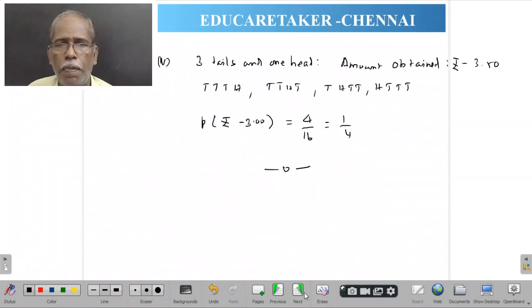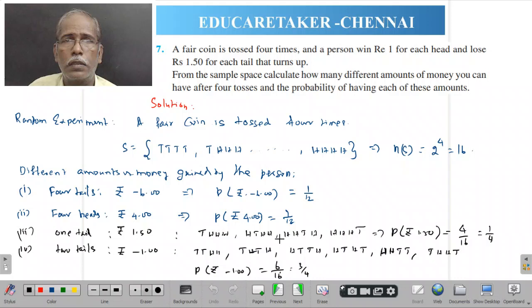This is a very interesting question. Just look at this. A fair coin is tossed 4 times and a person wins rupees 1 for each head and loses rupees 1.50 for each tail that turns up. Find the sample space, calculate how many different amounts of money you can have after 4 tosses and the probability of having each of these amounts.